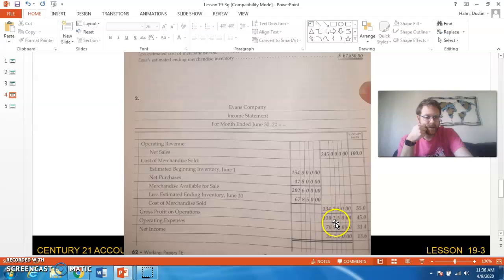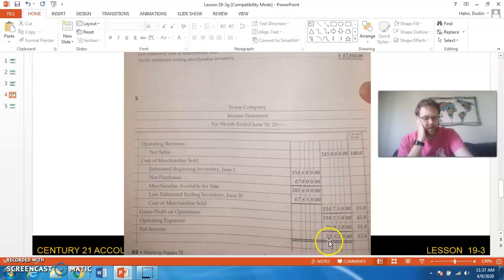Take 110,250 divided by 245. That equals 0.45. Take that times 100, and you get 45%. Again, take your 76,930 divided by 245. Then you get 0.314. Times 100, and you get your 31.4%.